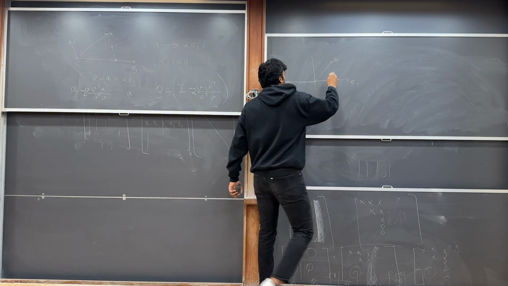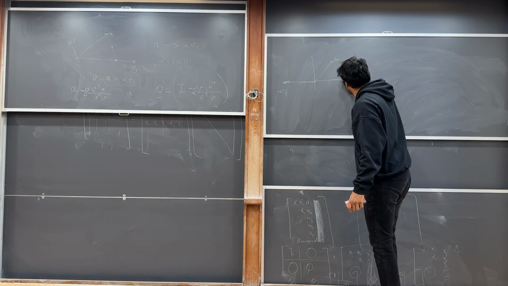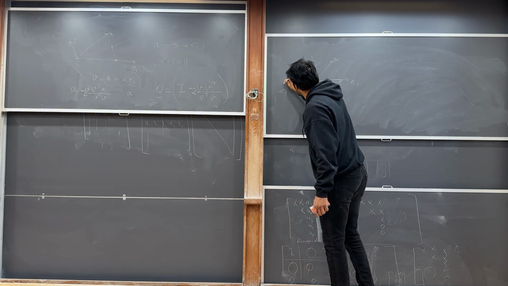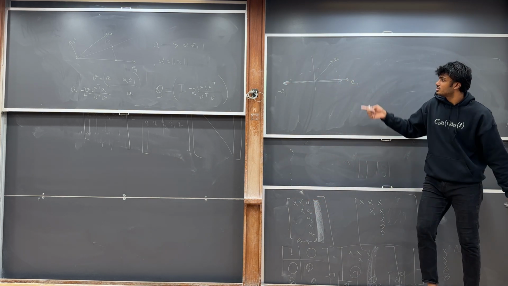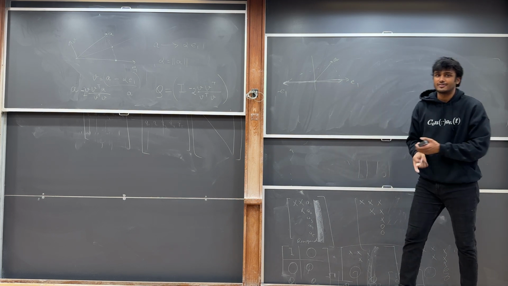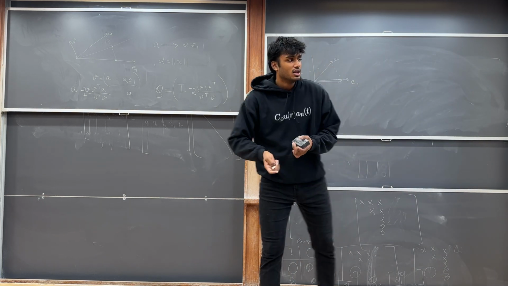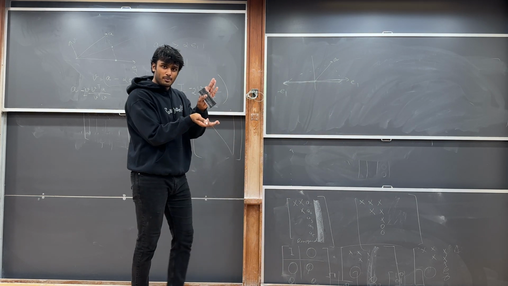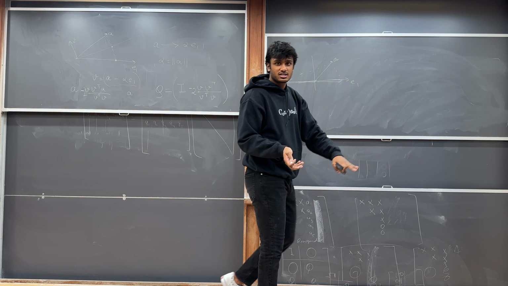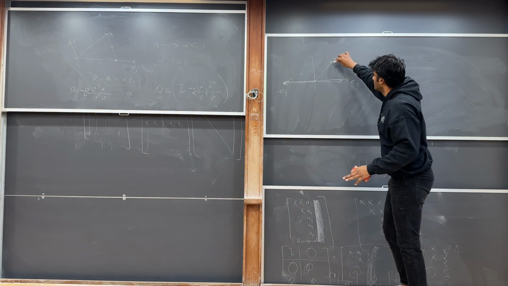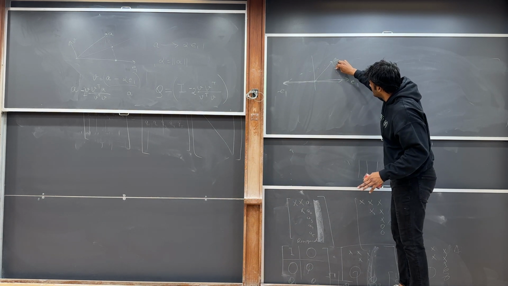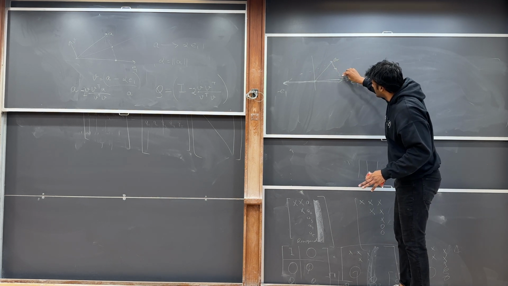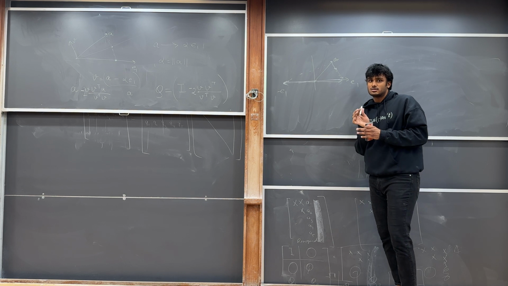Instead of reflecting it to here, I reflected it to here. Why should I choose this over that? The idea is to choose the perpendicular direction which is farthest away from A, so that when I'm subtracting this direction from A, I'm not subtracting small numbers.